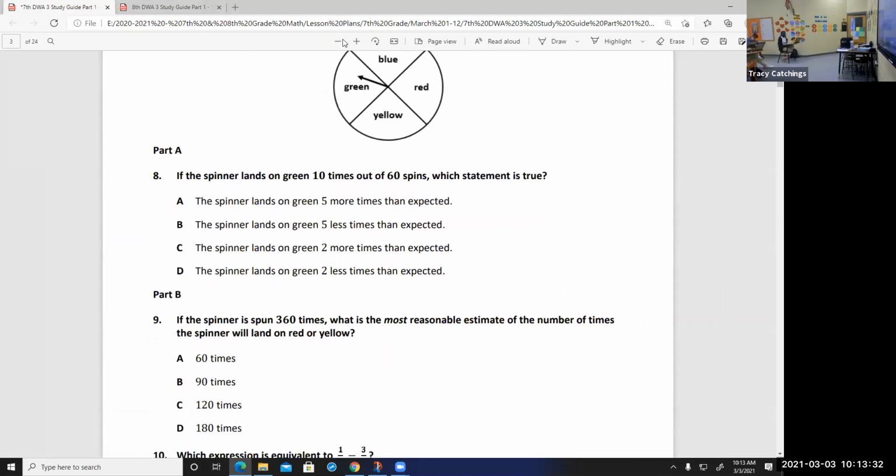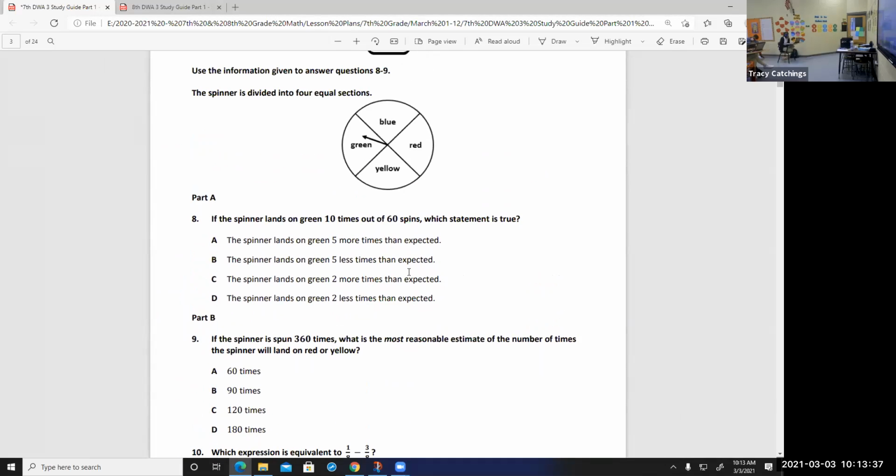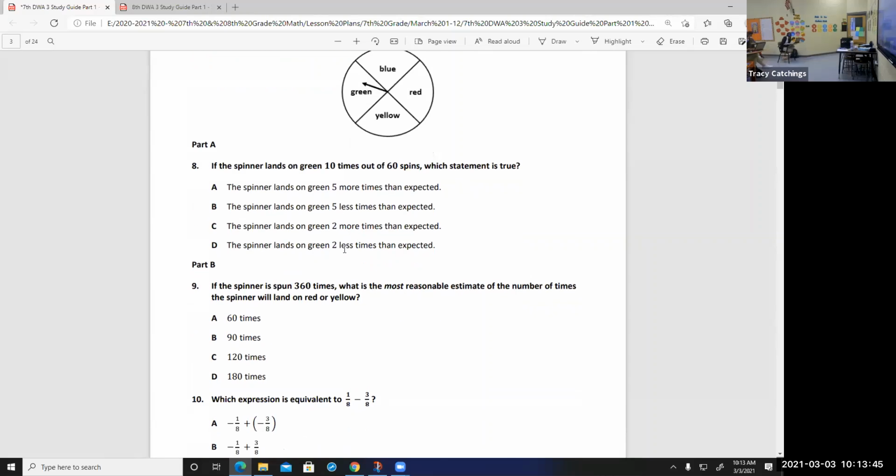All right, this one had a part A and a part B. I'm going to make it small to fit everything, if that's okay with you. Use the information for these two problems. The spinner is divided into 4 equal sections. Somebody read number 8. It said green 10 times out of 60.